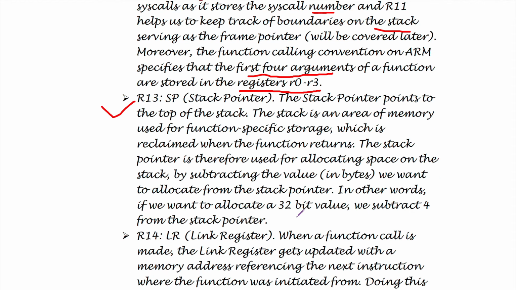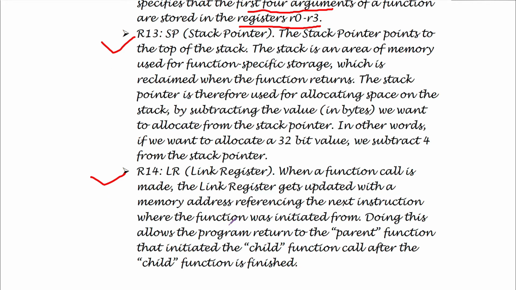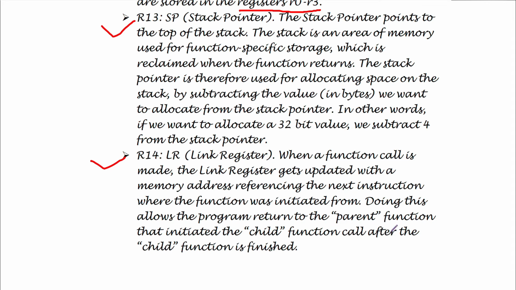Then talking about R14, that is LR or the link register. When a function call is made, the link register gets updated with the memory address referencing the next instruction where the function was initiated from. Doing this allows the program to return to the parent function that initiated the child function call after the child function is finished.